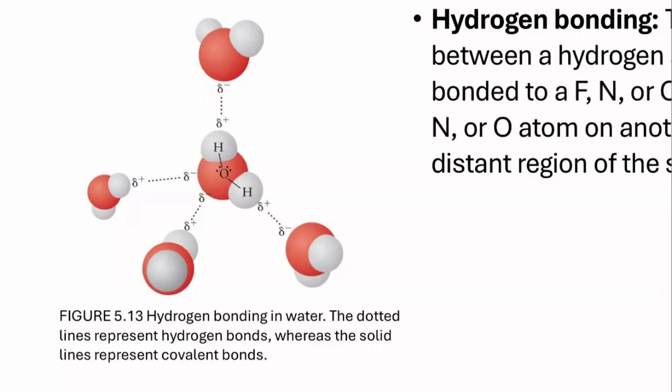Essentially, you need a polar molecule, and since water is polar, it's going to happen. But the parameter of having a hydrogen bonded to fluorine, oxygen, or nitrogen must also be met. Since water has hydrogen connected to oxygen, hydrogen bonding explains the interaction between those water molecules.